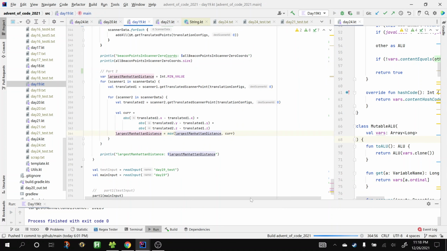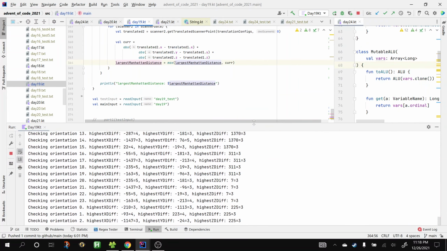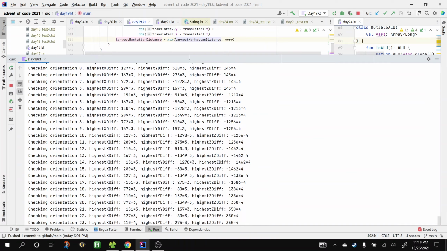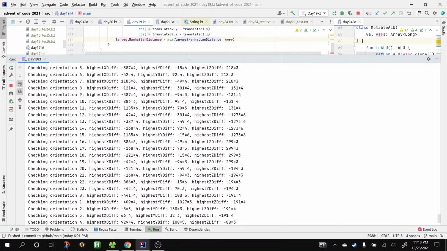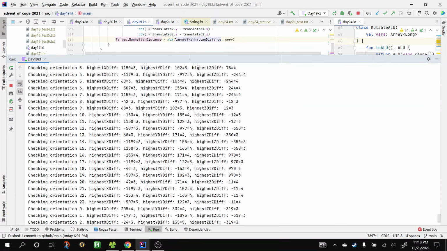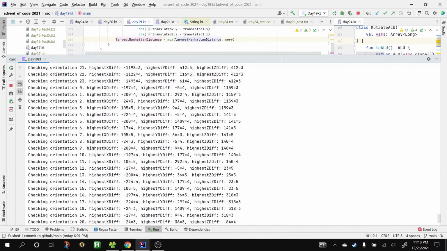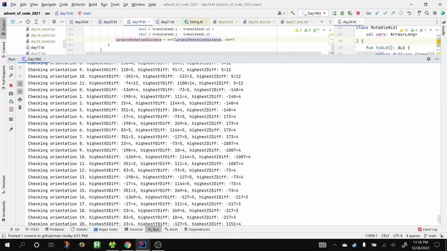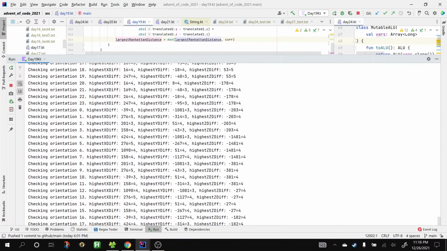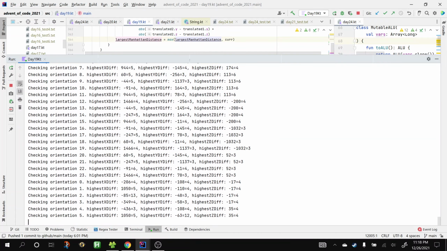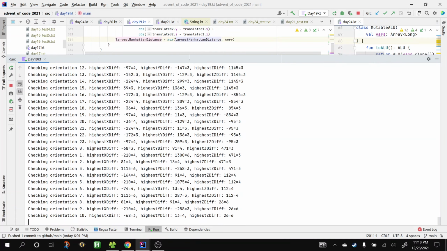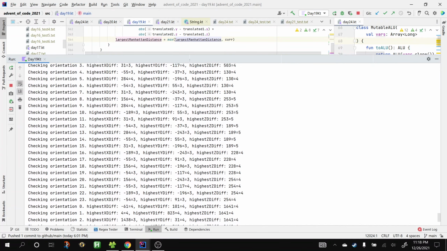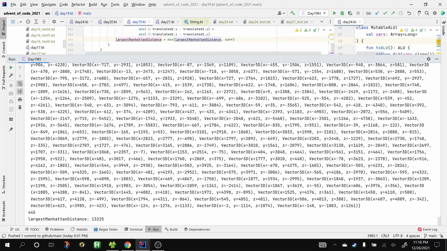So yeah, let me just go ahead and run this and show you an example of how it looks. So currently it's running, checking all of the orientations to find some of the X, Y, Z diffs and check if there are more than 12 overlapping points for each of these diffs. And if there are, then that is an orientation config that works.